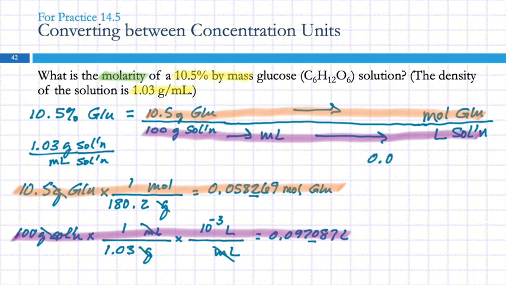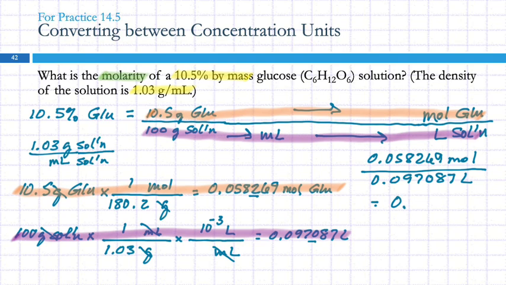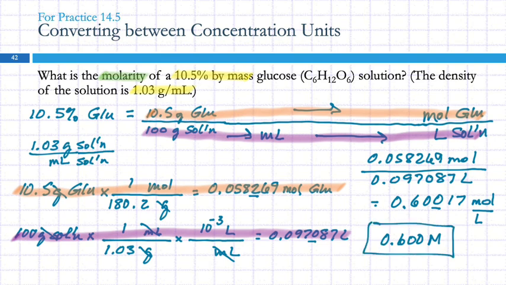So 0.058269 moles divided by 0.097087 liters is 0.60017 moles per liter, 0.600 molar. So, a 0.600 molar solution. Any questions?